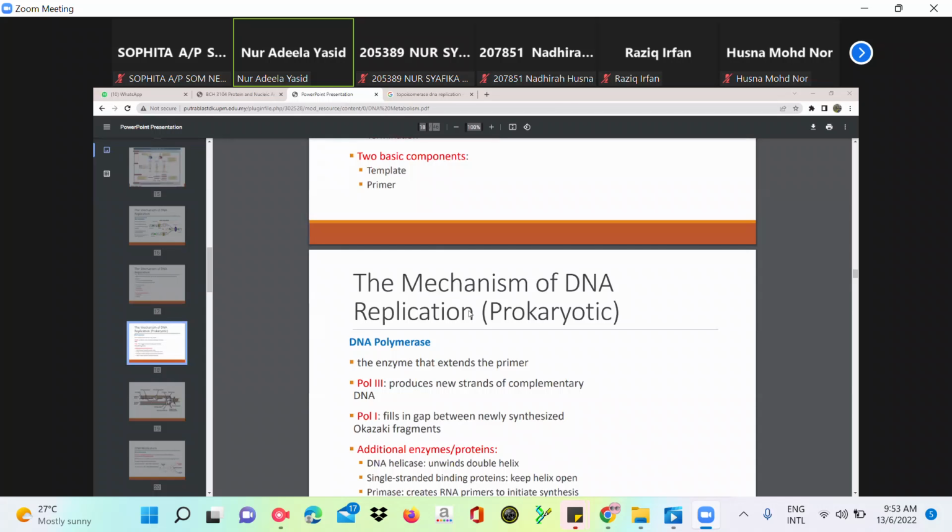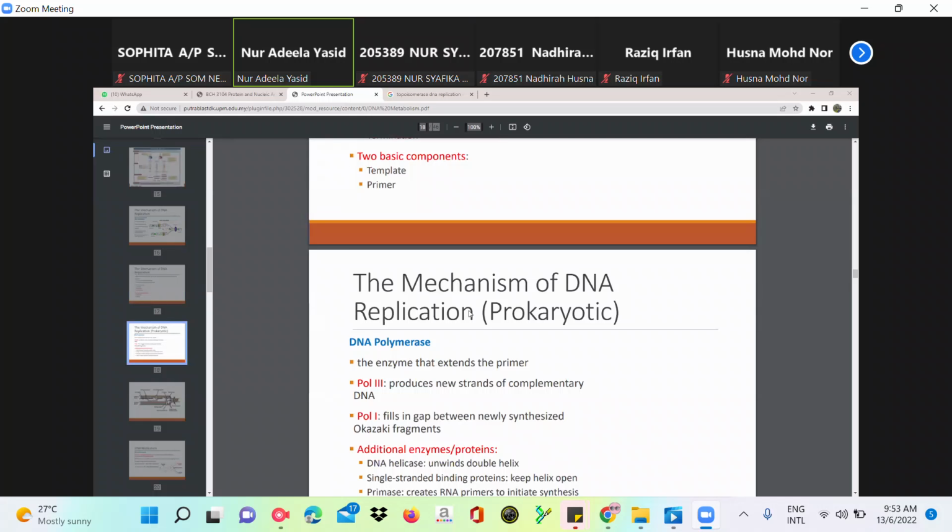Basically, there are a few types of DNA polymerase: polymerase 1, polymerase 3, and also polymerase 2. But polymerase 1 is more on filling the gap between the newly synthesized Okazaki fragments.